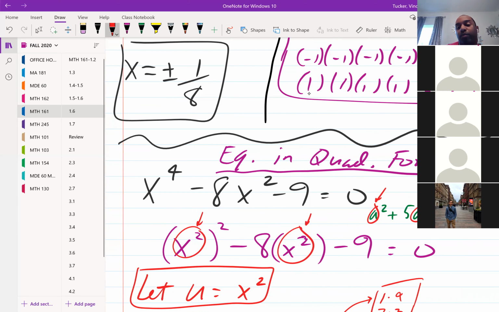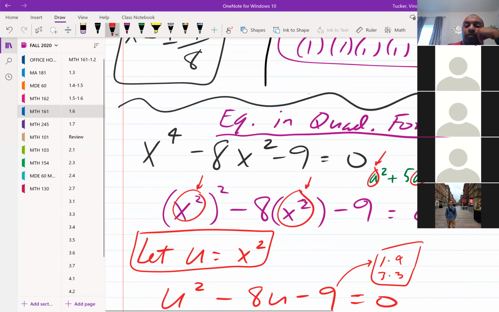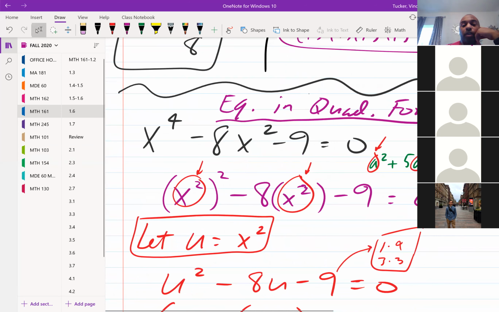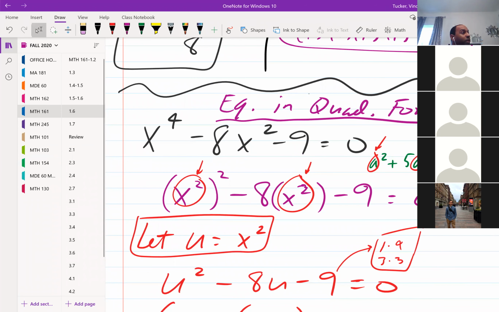The reason why that is important is because you can rewrite the equation. It's called u substitution. You let u be equal to x squared in this case, whatever's being squared. And so I have u squared minus 8u minus 9, and that helps me solve the equation in a simpler way, in a way that I'm used to dealing with, which is quadratic equations.